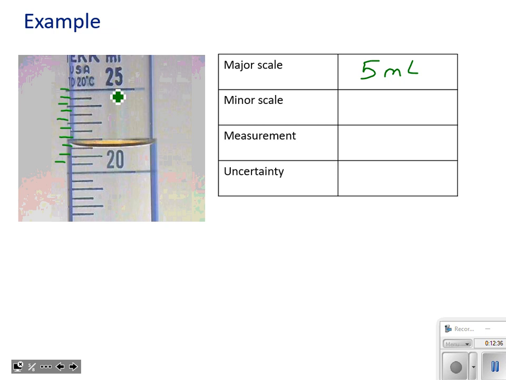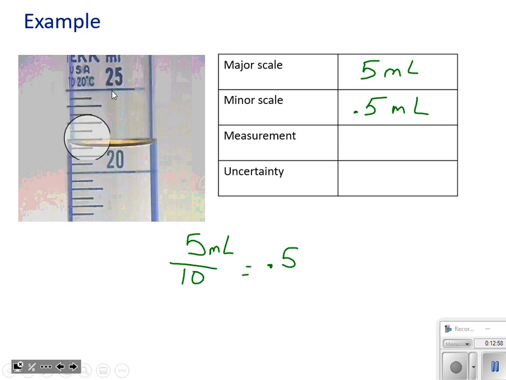I have 10 markings. Okay, so 5 milliliters, 10 markings. Well, that looks to me like that's about a 0.5. That's 1/2. So each of my minor scale is 0.5 milliliters.